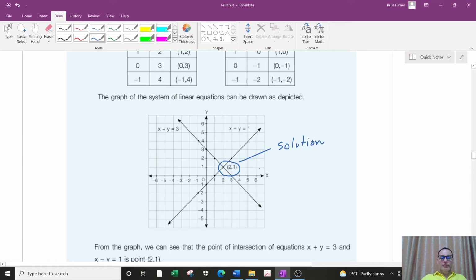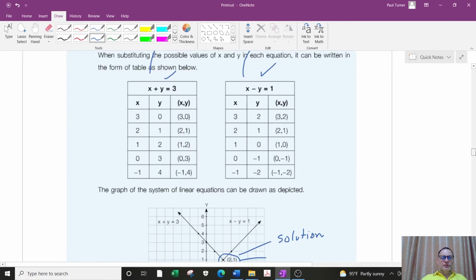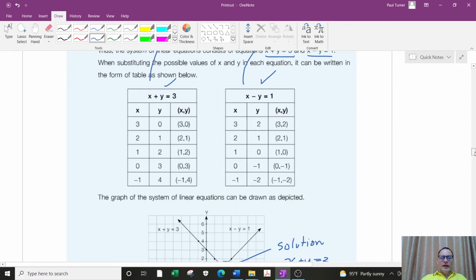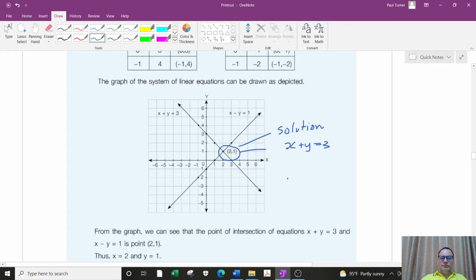These are the only two sets of numbers that satisfy both equations. So if we look at our original equations, x plus y equals 3, and the other one is x minus y equals 1. These two numbers are the only two numbers that work in both equations.